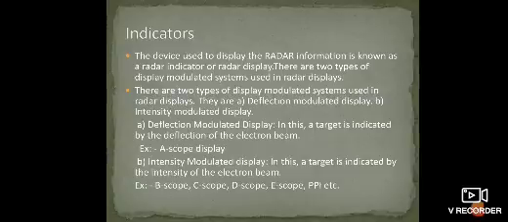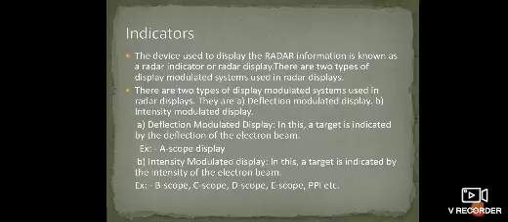The next one is the deflection modulated display. In this, the target is indicated by the deflection of the electron beam. That means based on the movement of the electron beam, the target is detected. That is called the deflection modulated display. The next one is the intensity modulated display. What does this mean?